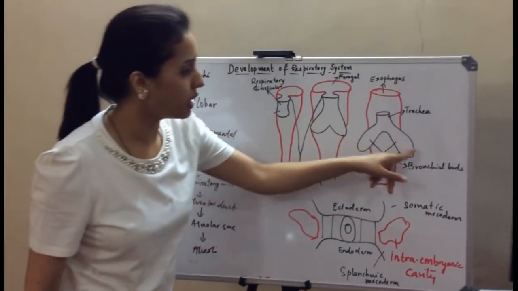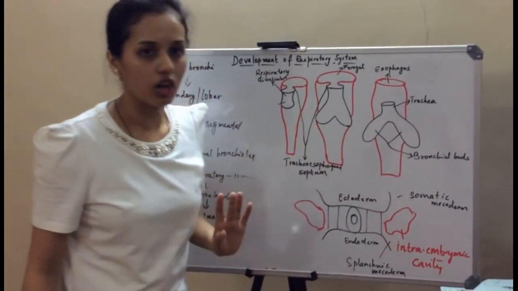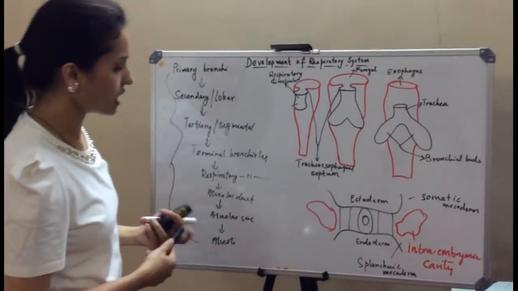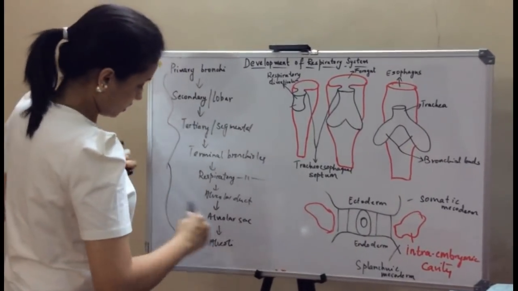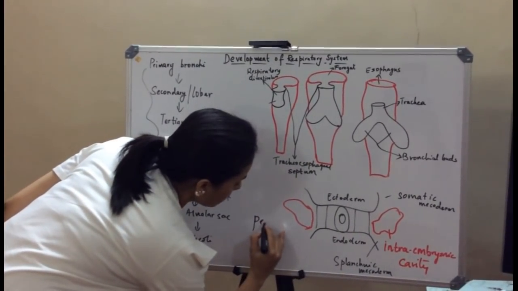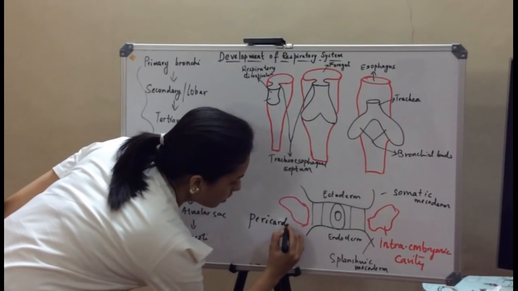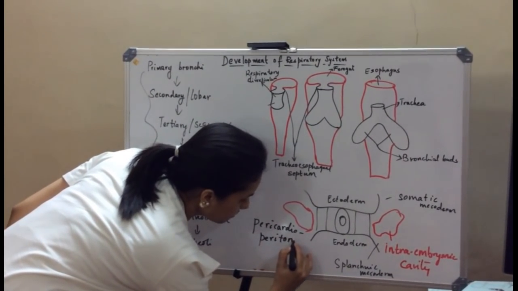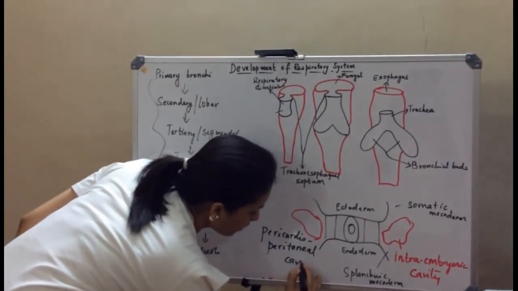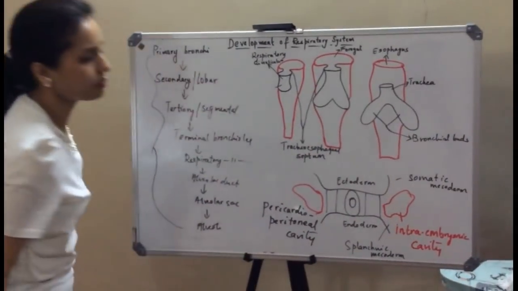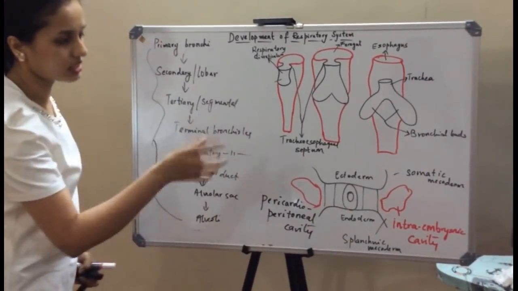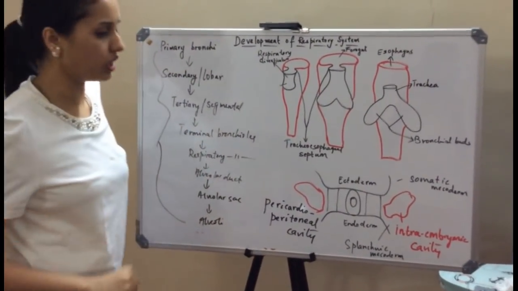As the lung bud expands laterally and caudally, they enter a cavity which initially is called the peritoneal cavity. This cavity is present on either side of the foregut, and this cavity is very narrow initially.